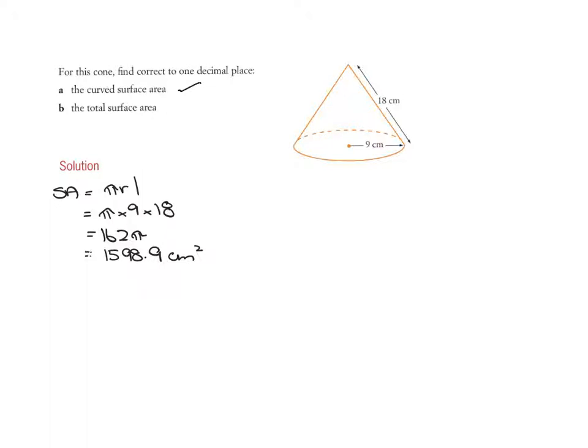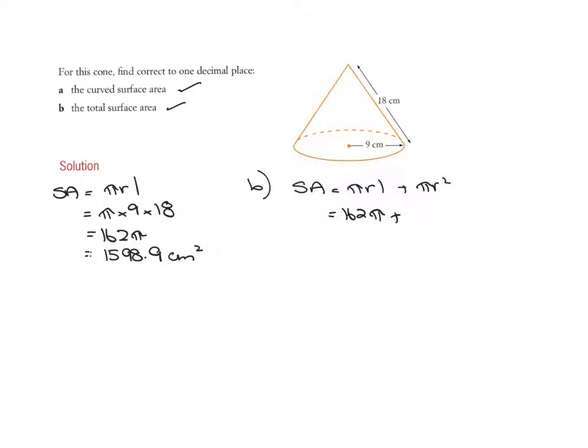The second part asks for the total surface area. Remembering that the total surface area is just adding on the pi r squared, so in effect you are doing the whole formula: pi rl plus pi r squared. But we already did the pi rl in part A, so all I've got to do is the second part. I'm writing out the 162 pi, so the exact form.